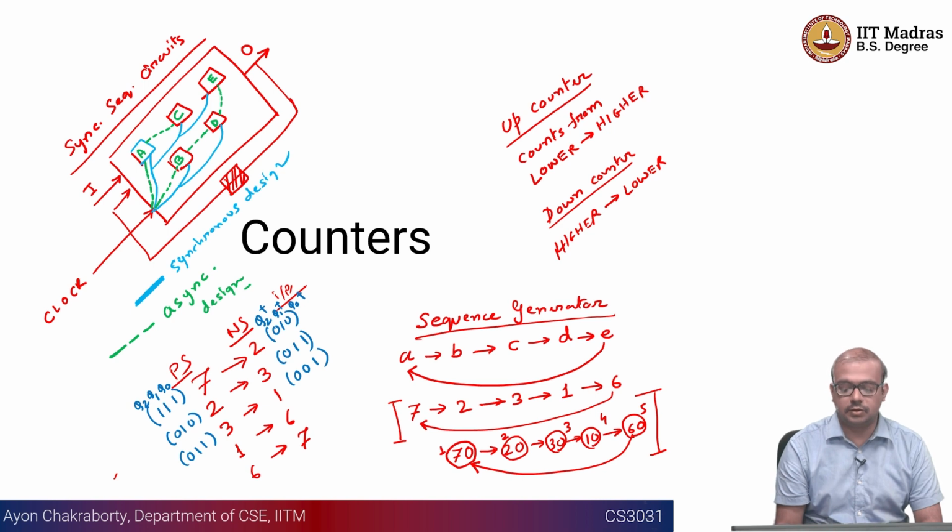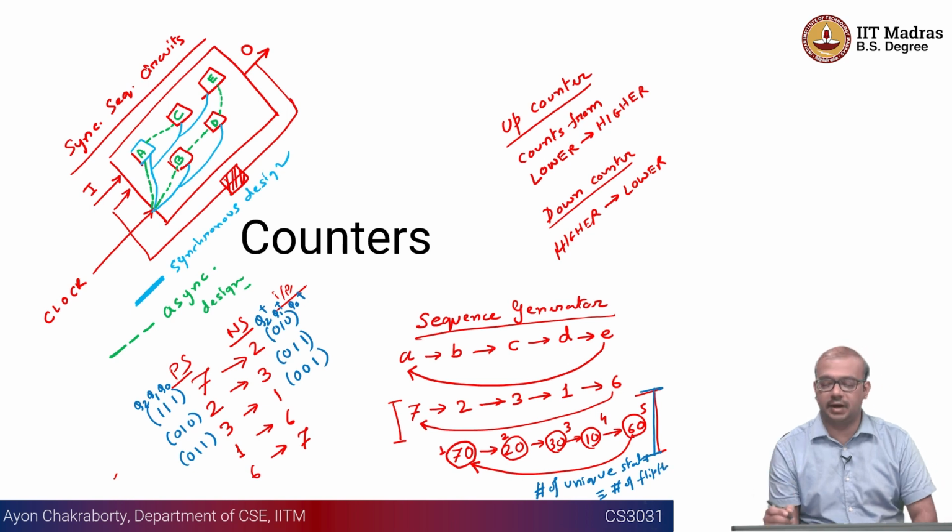Okay, so the other thing that I was about to mention is, as I told you in this other example here, what you need to do in this kind of cases is, rather than looking at the actual values, look at the number of unique states, right? So the number of unique states is going to determine the number of flip-flops.